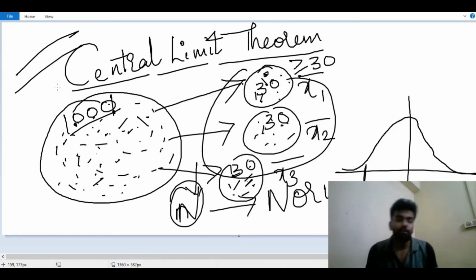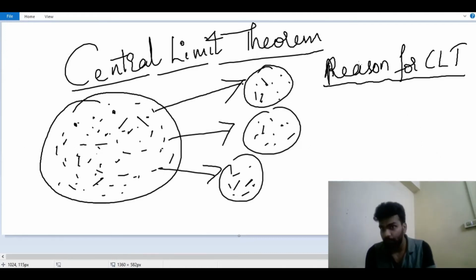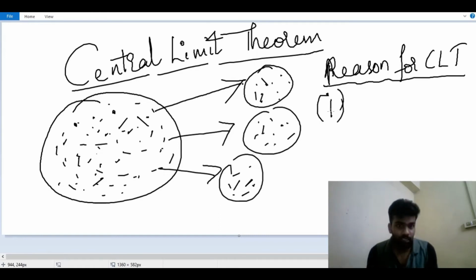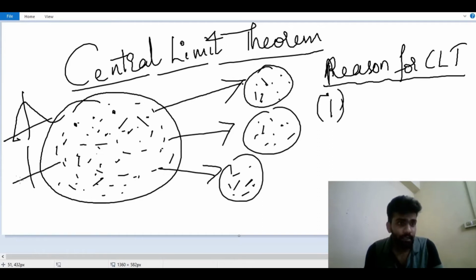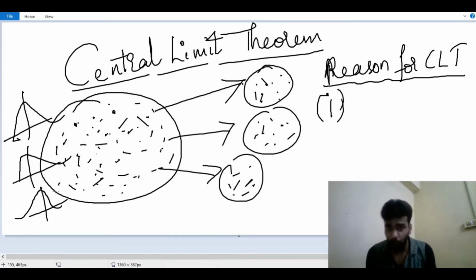Let's understand that. What's the reason for applying the central limit theorem? The first thing is you don't need to know about your population. Whatever your population may be, whether it is normal, or right skewed, or left skewed, the central limit theorem doesn't care.